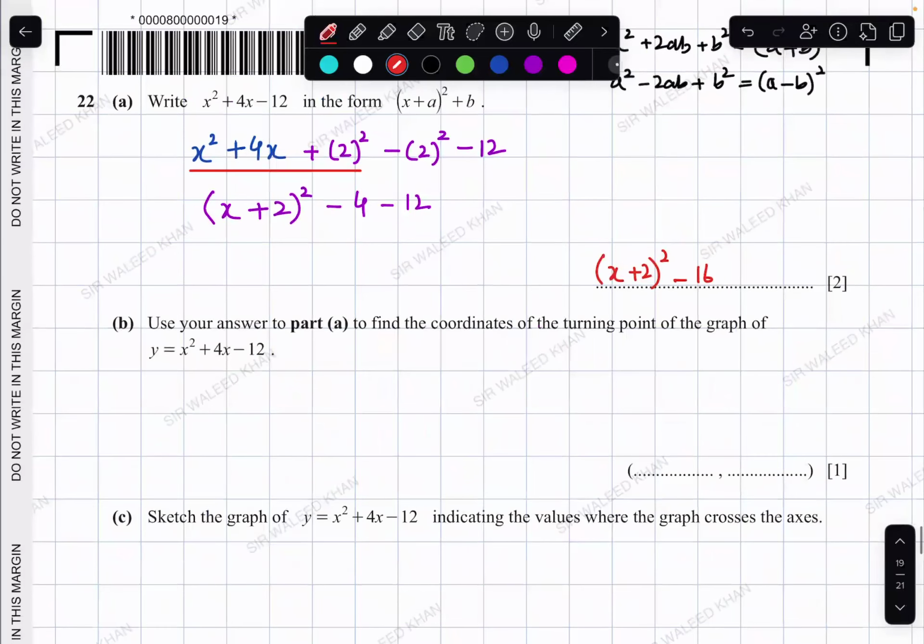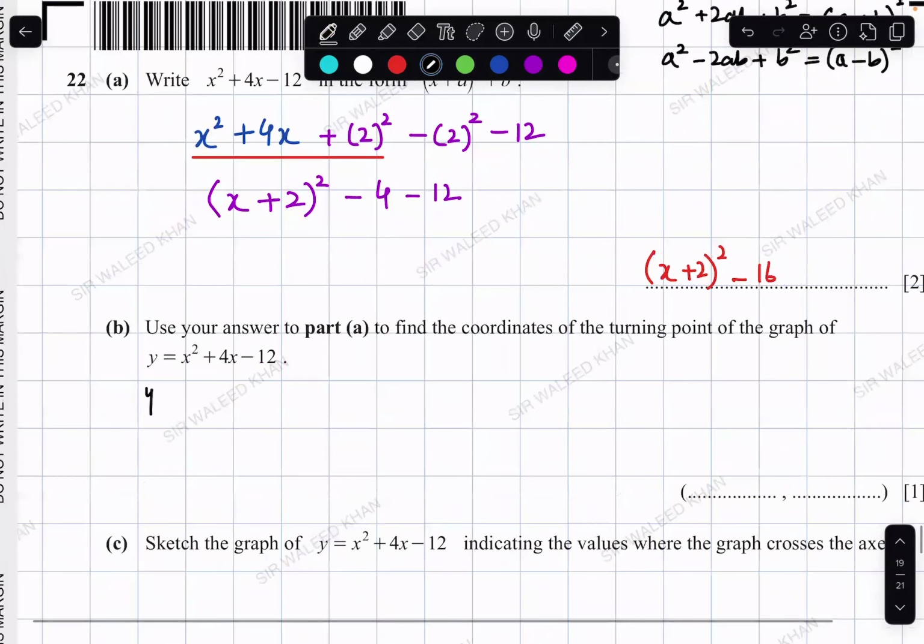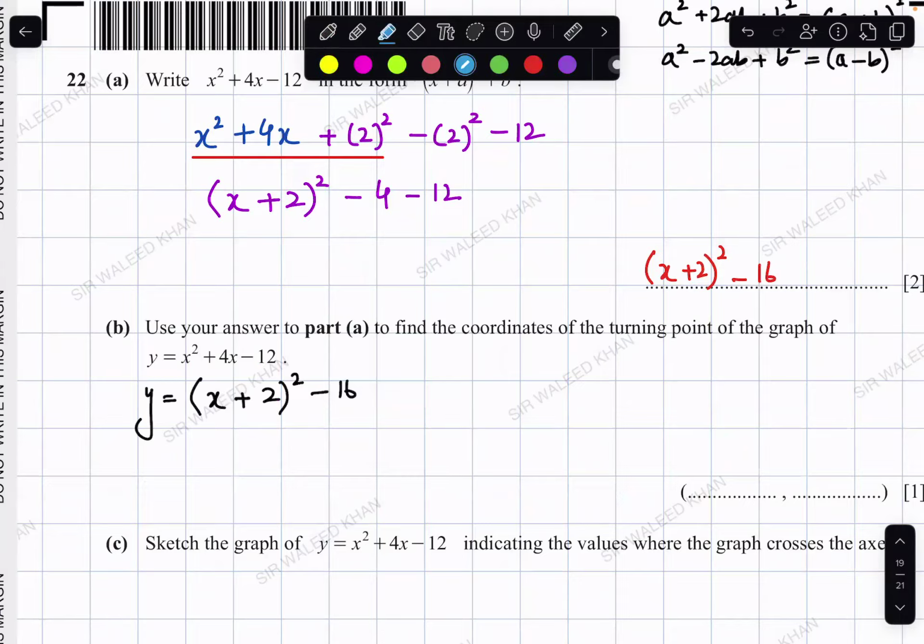Now they're saying, use your answer to part A to find the coordinates of the turning point of the graph. Turning point, always remember, when you can convert this quadratic form into completing the square form, as we have done over here, then for the turning point, whatever is in the bracket, put that equal to 0.